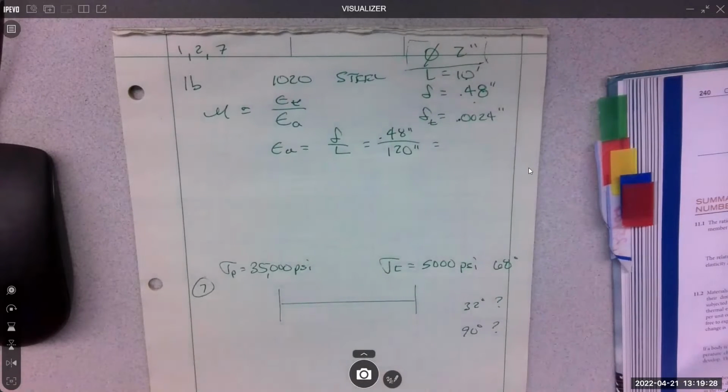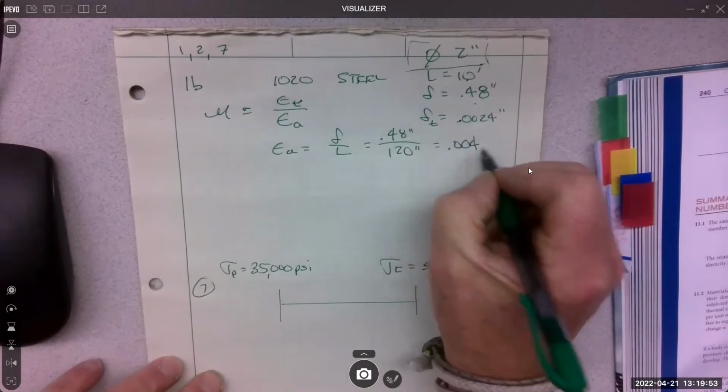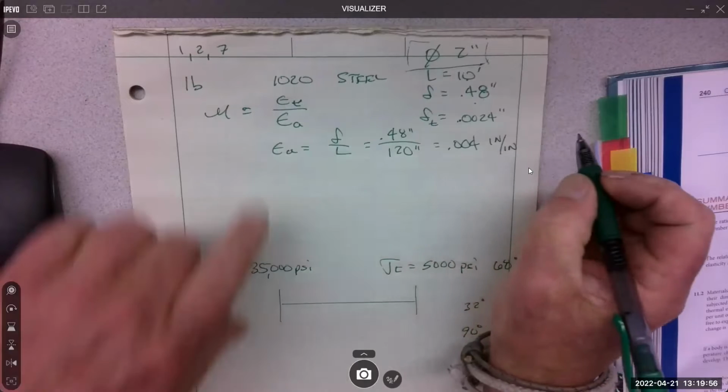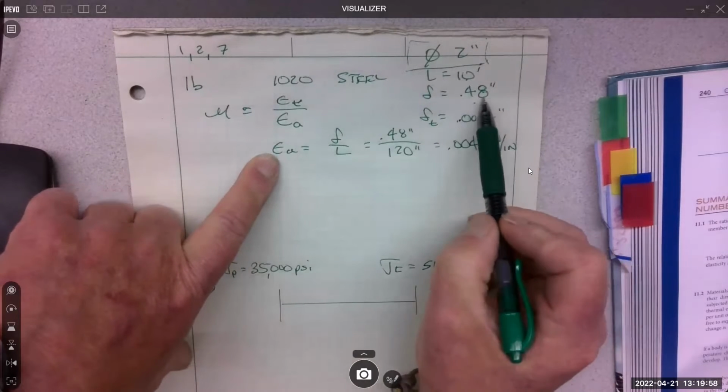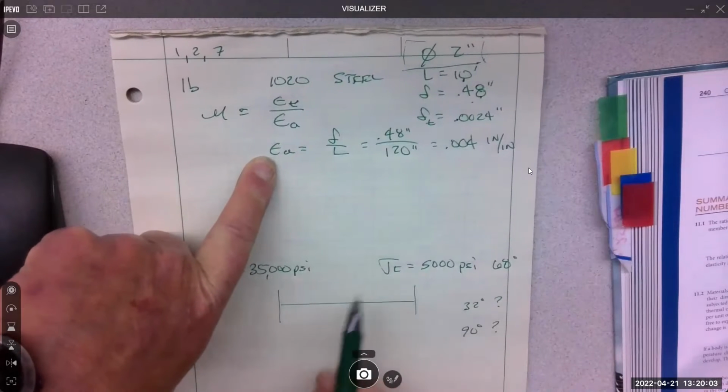So those units do have to be the same, because then we'll get our inches per inch. 0.48 divided by 120 is 0.004 inches per inch. So that's the axial strain. That's using the axial elongation and the original length.